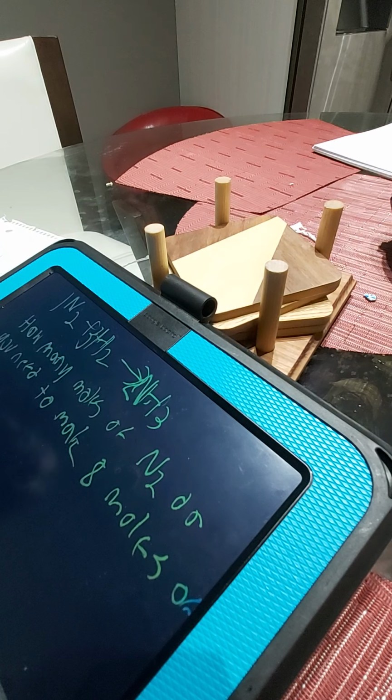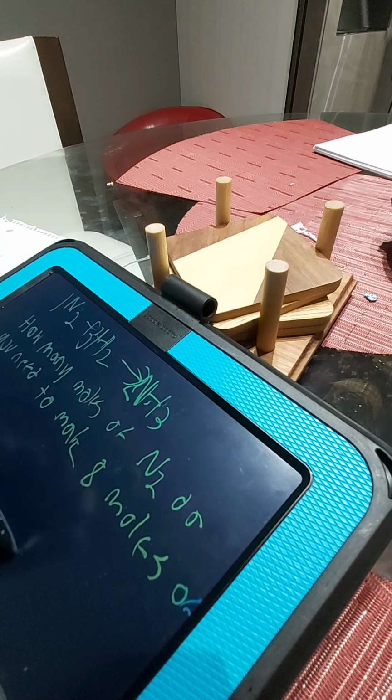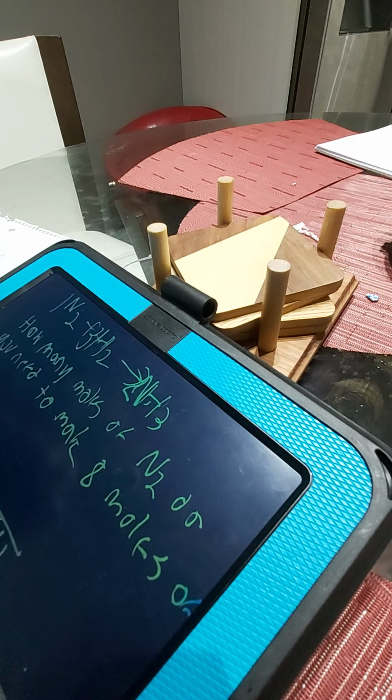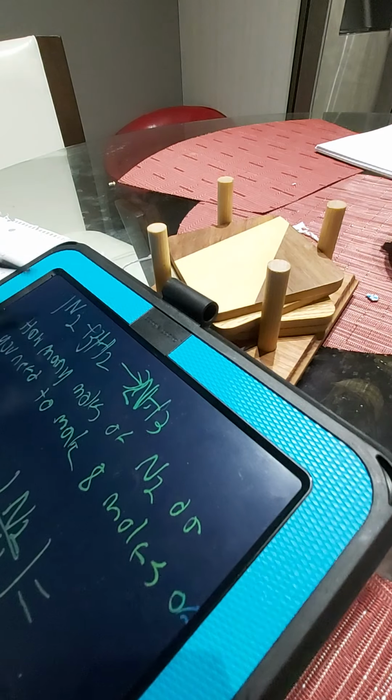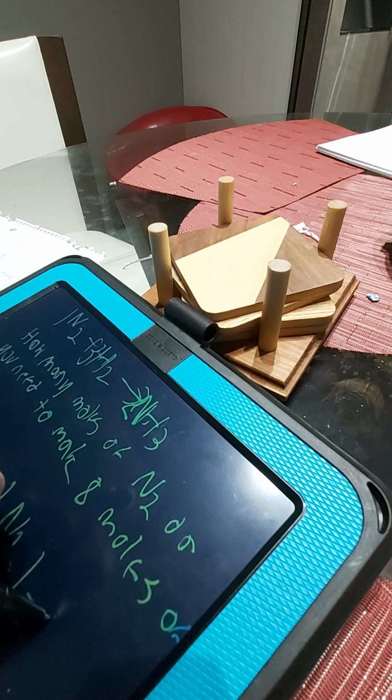Then you multiply that by your balanced ratio, with 2 NH3 on the bottom, and on top you put what you're trying to find, which is your N2. You take your balanced 1 N2, which gives you 4 moles of N2.